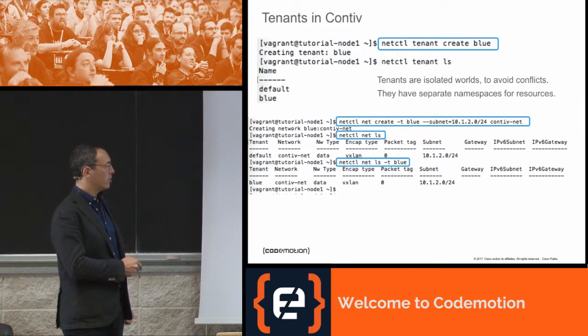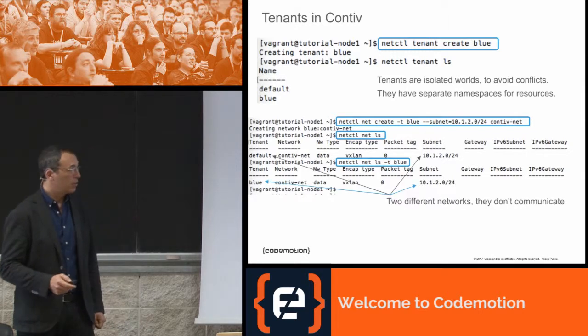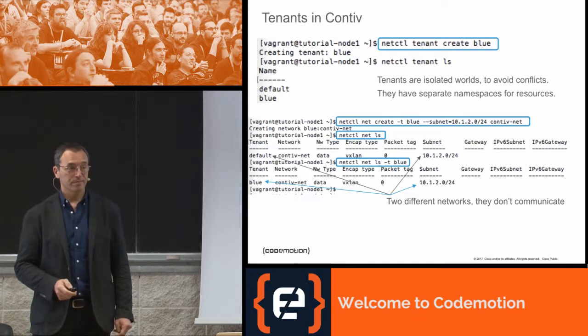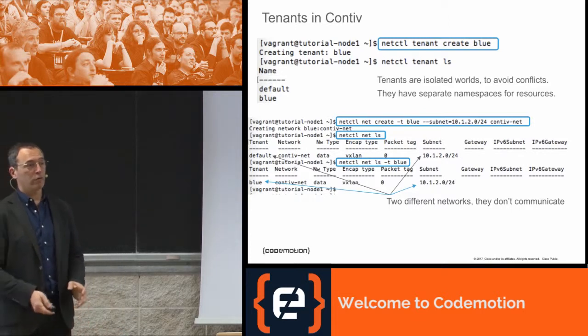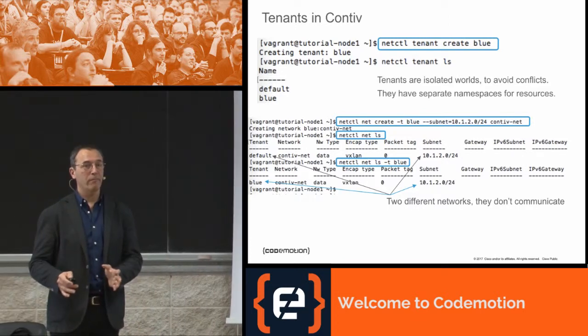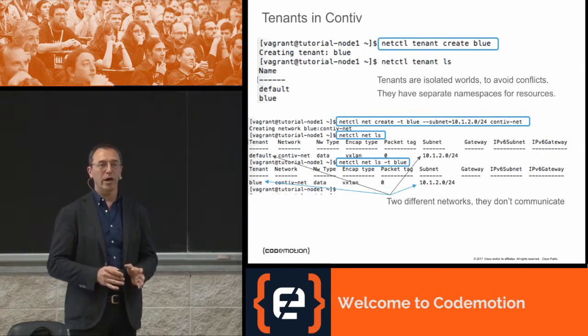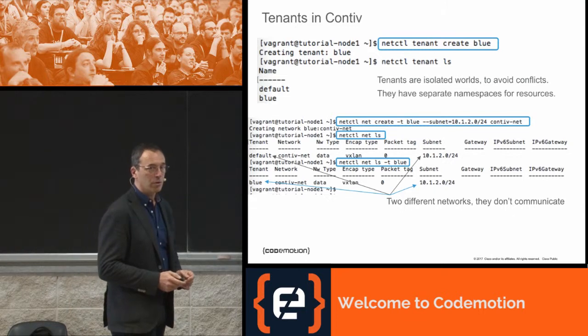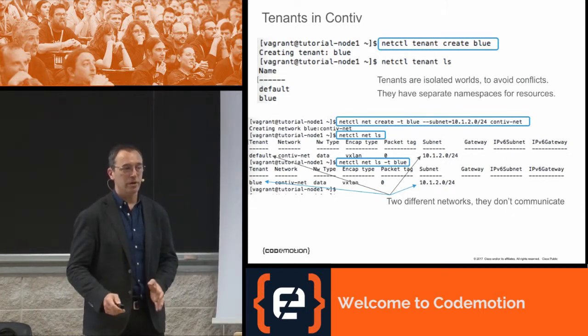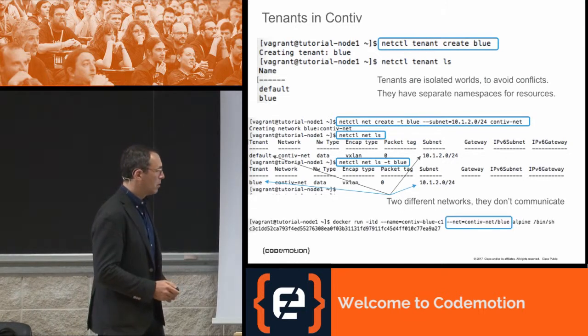So instead of default, I have blue. And they don't talk to each other. So I can move the application from one tenant to another tenant and make it live in a different world, even though I don't change any configuration in the application, just because the name is referencing a different object.